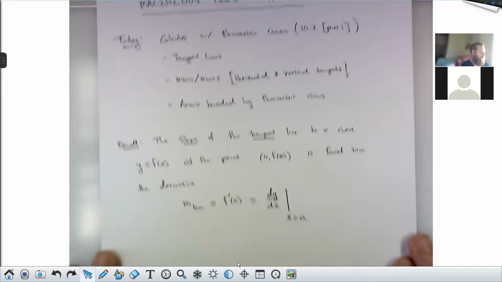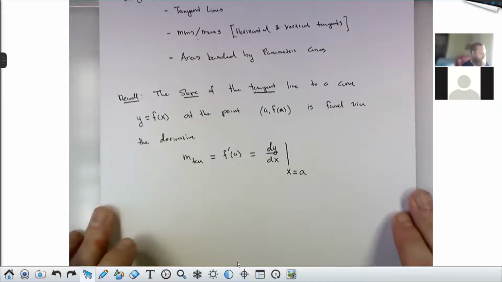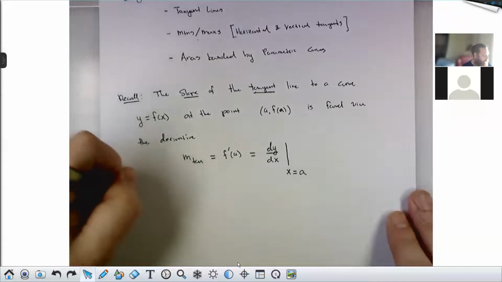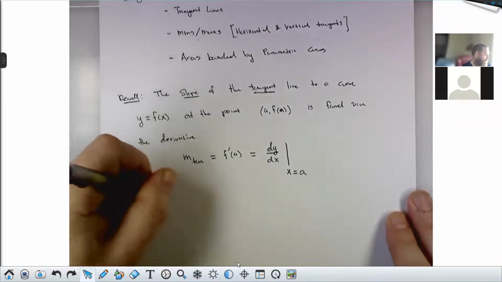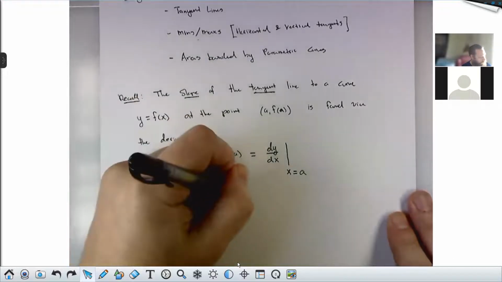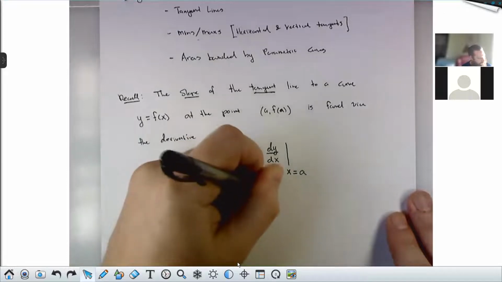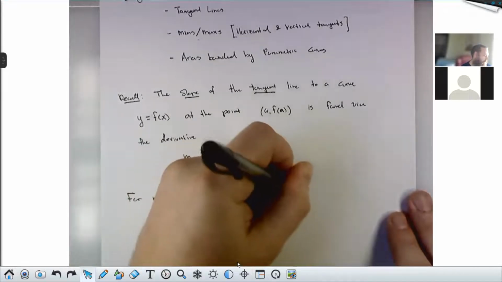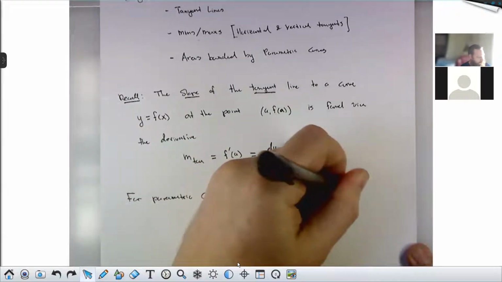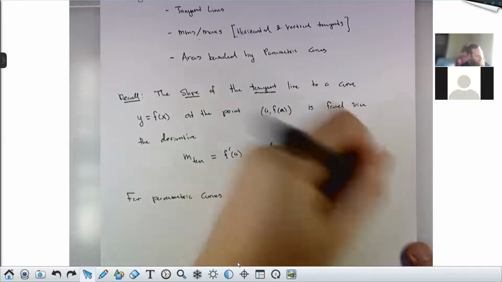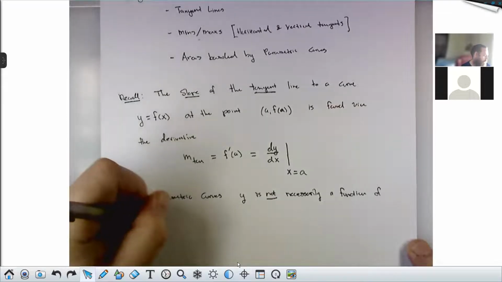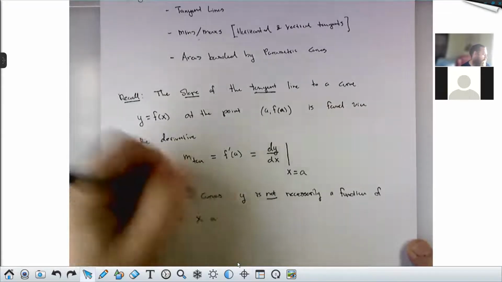In the context of a parametric curve, the difference is that we don't have y being f of x. Nor is x a function of y.